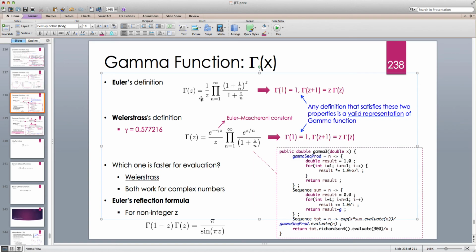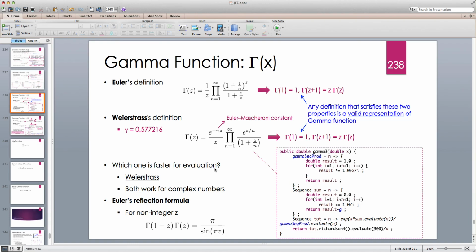And then the question is, okay, we have these two definitions. Both of them are based on some products, right? And basically they are both based on elementary functions. Here we have some number to some power, and here we have exponentials, right? So the question is, which one should we use?